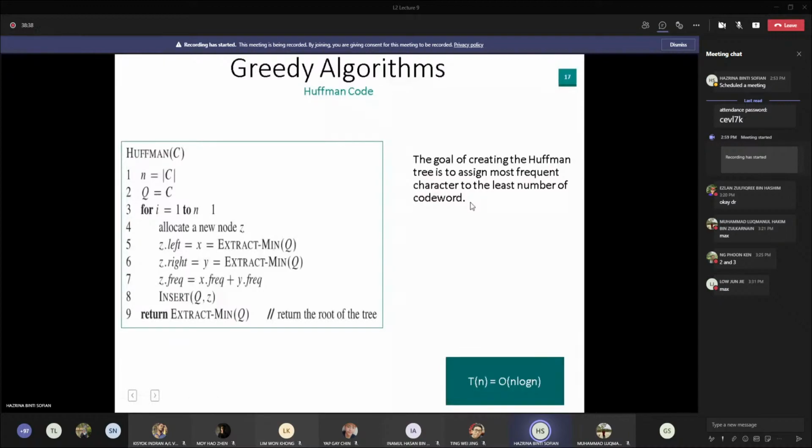You need to do some reading on why we cannot just make all code words length 1 or 2. But the concept of data compression is to make the bits smaller. We assign the most frequent character to the shortest code word.